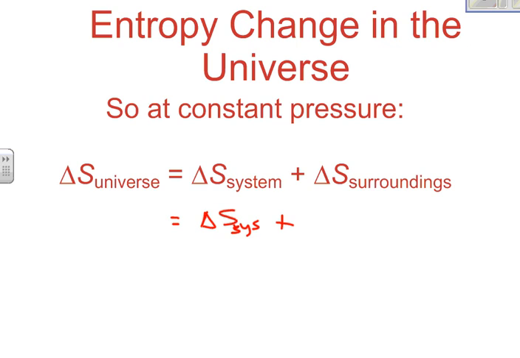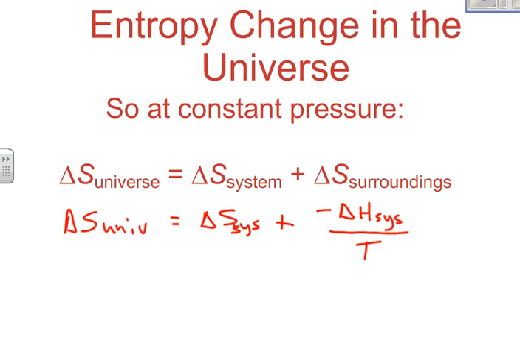And remember, if we're dealing with a constant isothermal situation, so constant temperature and constant pressure, we can say that the delta S of the surroundings is going to be equal to negative delta H of our system divided by the temperature. So let me put our delta S back in here for the universe.